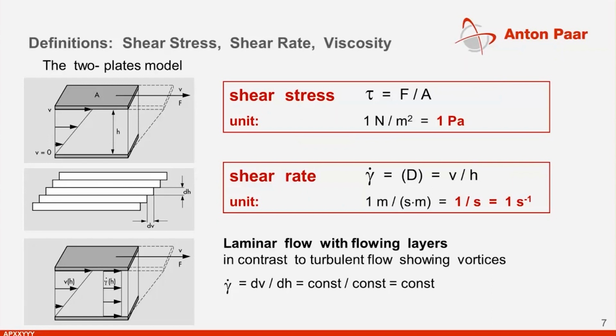The shear stress, tau, is the force which is needed to move our sample over a defined area. The unit for tau is Pascal. The shear rate, gamma dot, is the velocity over the height of the gap, and the unit here is 1 divided by seconds, or called reciprocal seconds.